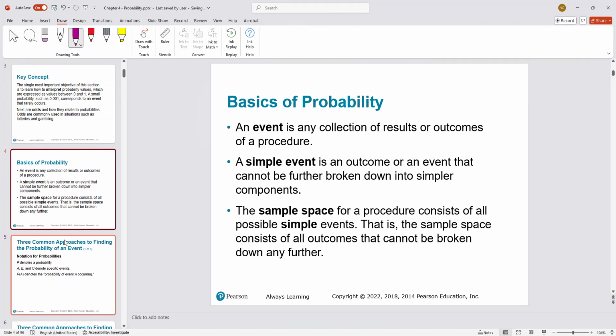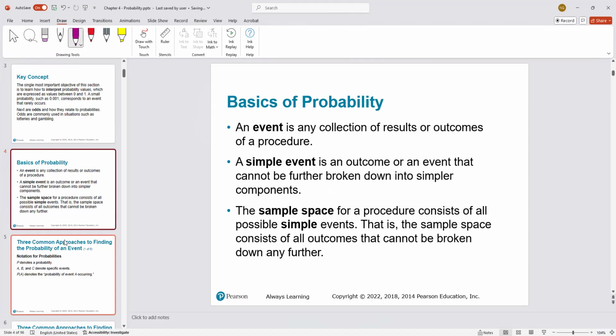In probability, we deal with procedures such as generating male-female births or answering multiple choice questions that produce outcomes. So, to go there, we need to start with what we call events, right? So we need to define what an event is.